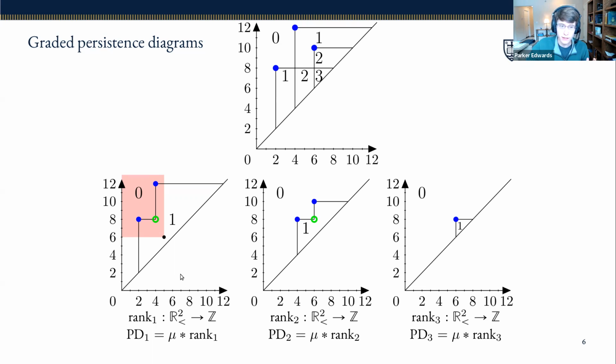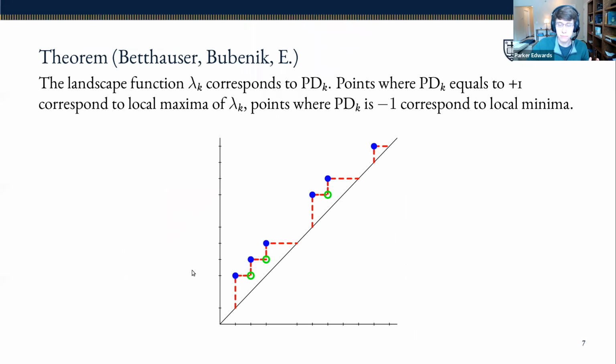A place where negative entries appear very naturally, and so there's a correspondence that you can prove between these graded diagrams and landscapes, and it's actually quite close.